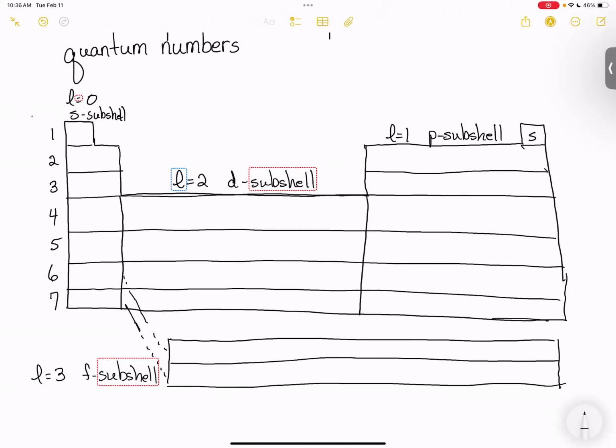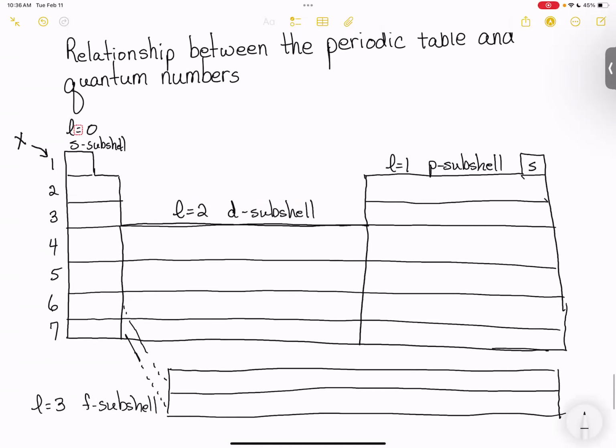Now, I'm going to call this from now on X. For the S subshell, X equals N. So in other words, for the S subshell, the principal quantum number is represented by the period number.